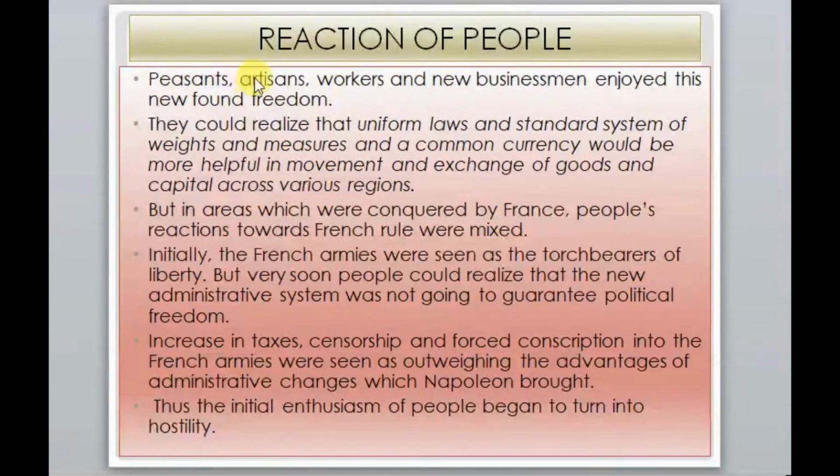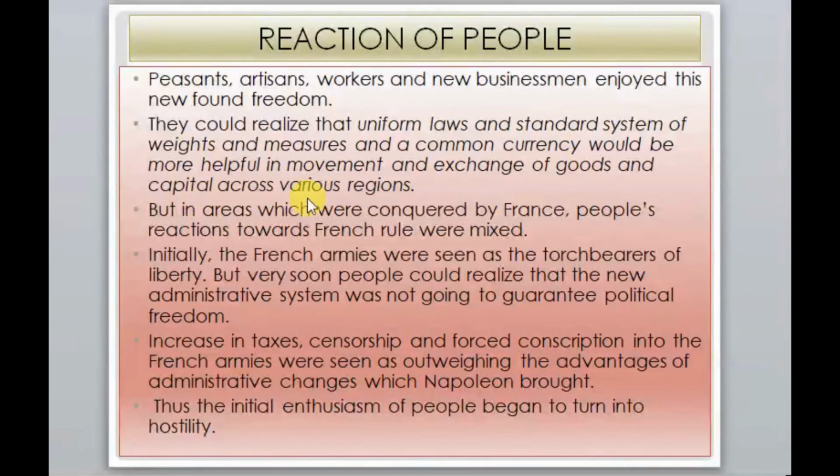So peasants, artisans, workers and new businessmen benefited by these reforms and they enjoyed this newfound freedom. They could realize that uniform laws, a standard system of weights and measures and a common currency would be more helpful in movement and exchange of goods and capital from one region to another.